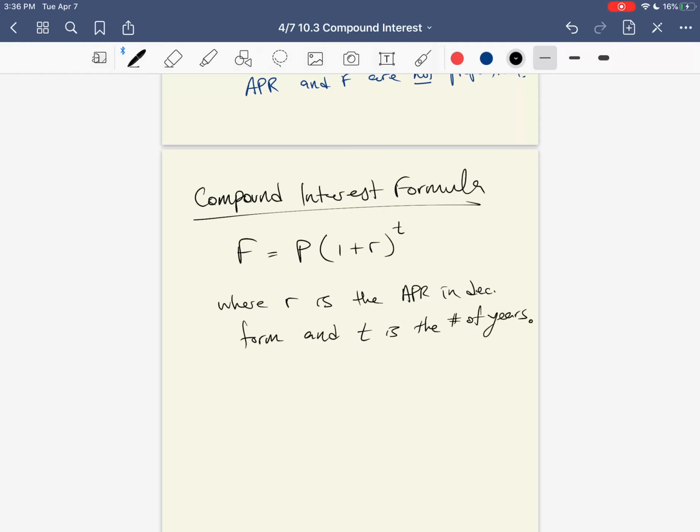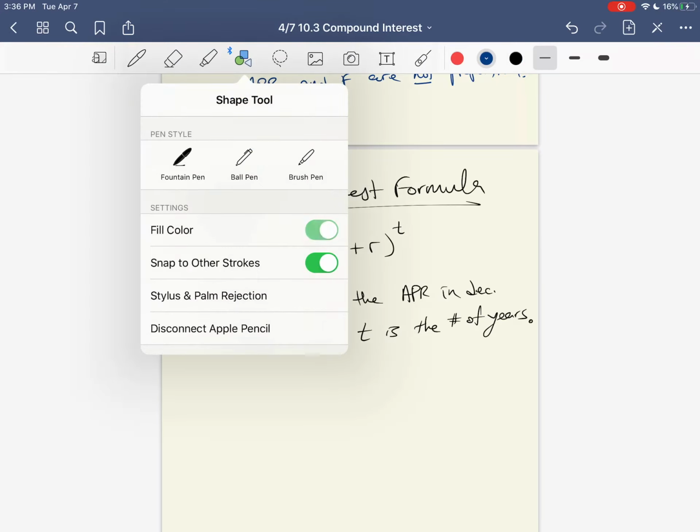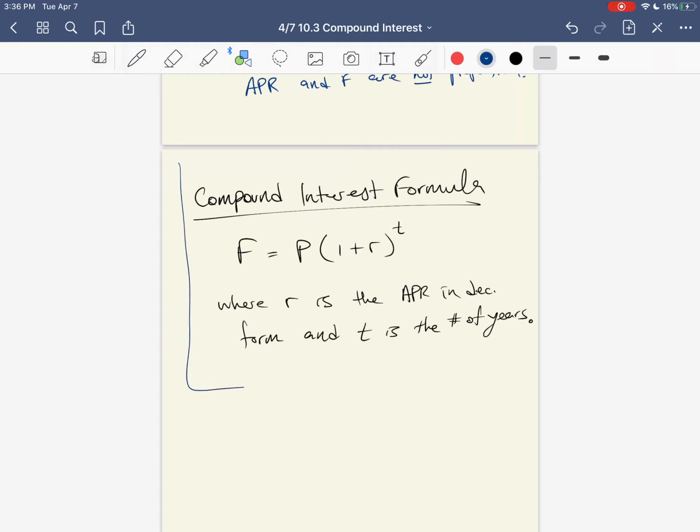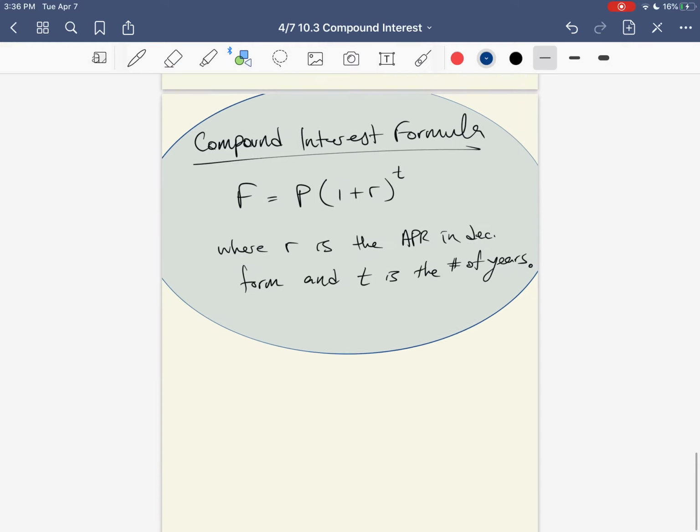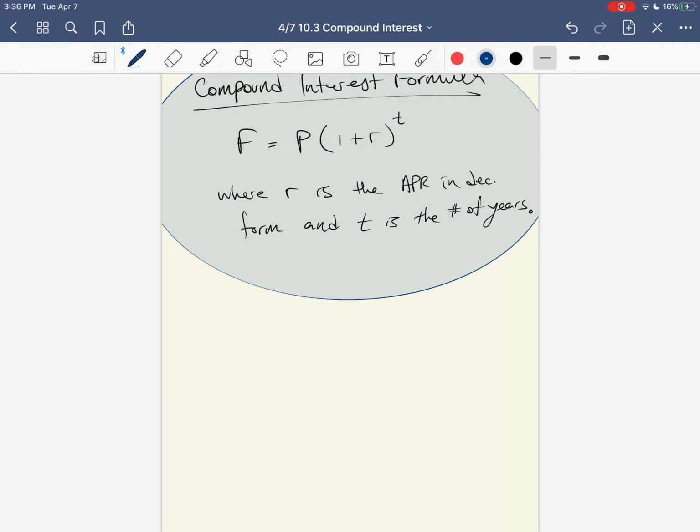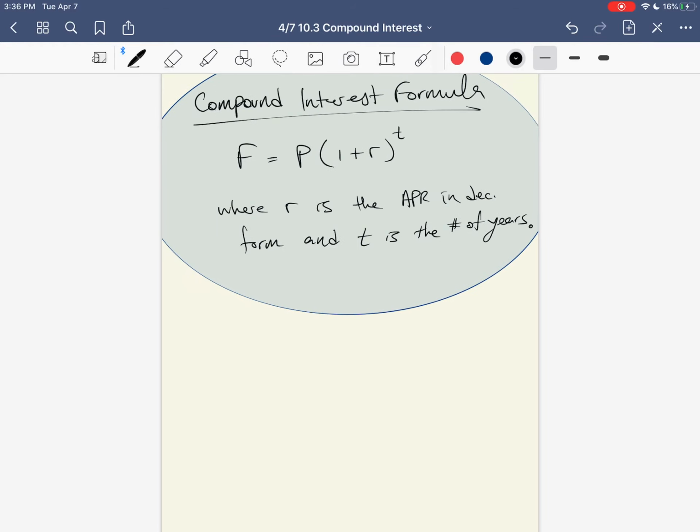Okay, so this is a good one. Let me just do this. This will be fun. Fill color. Good. Now you'll all know what's going on. Okay. So what can we do with this annual compounding formula?